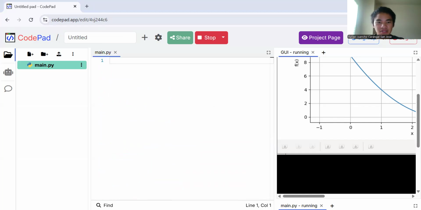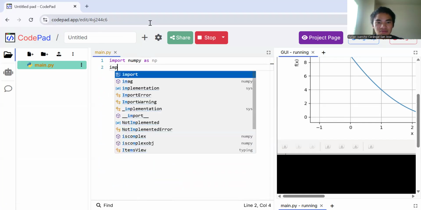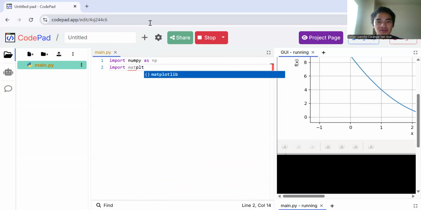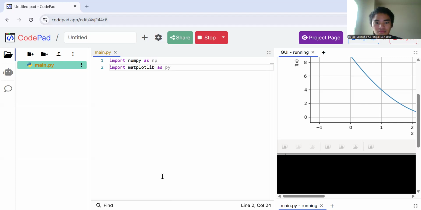So first I'm gonna import my libraries. NumPy for easier linear algebra stuff. Matplotlib for plotting. And then I'm going to define the function as well as its gradient.